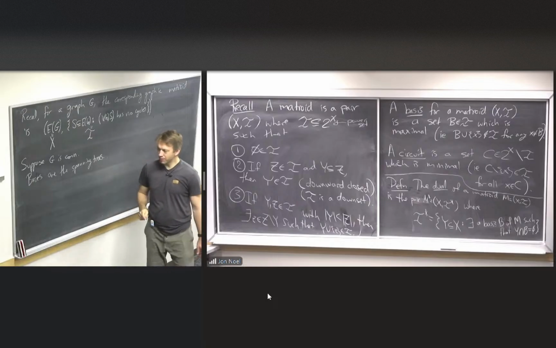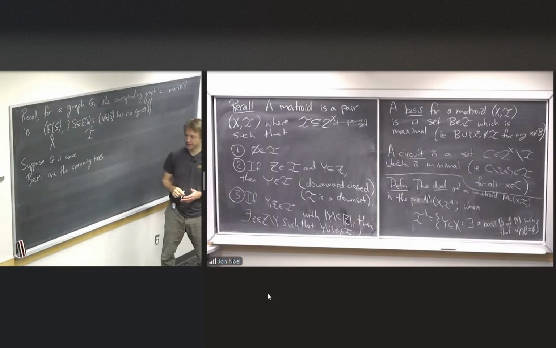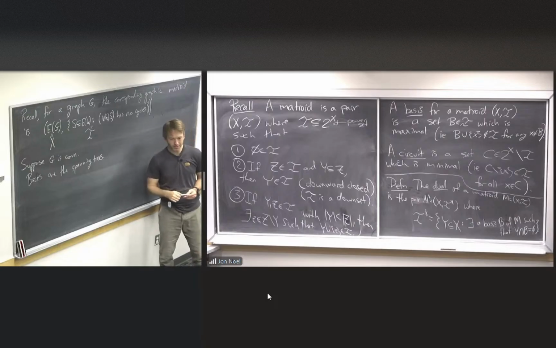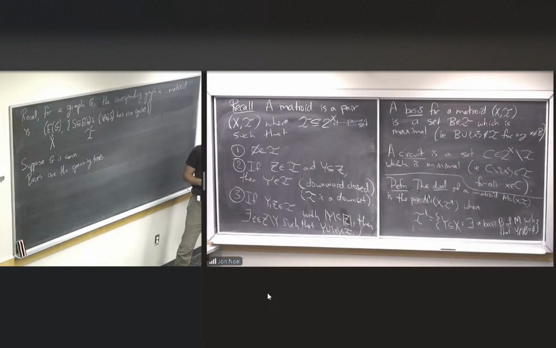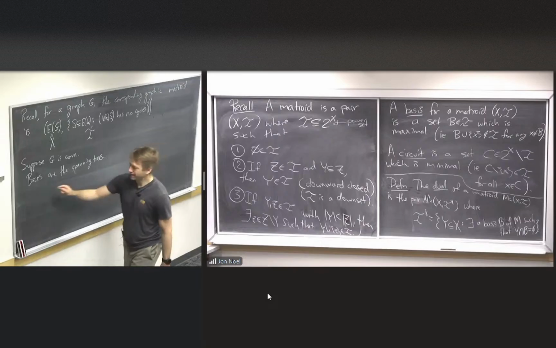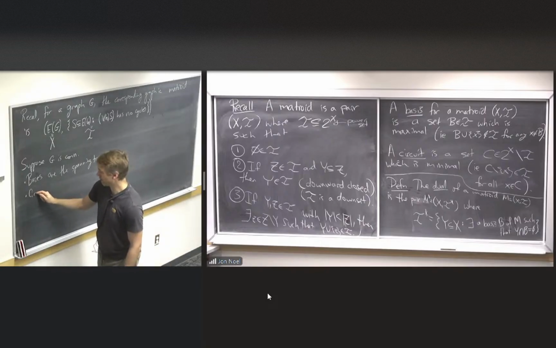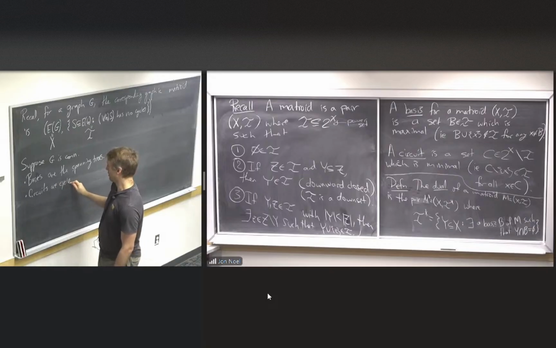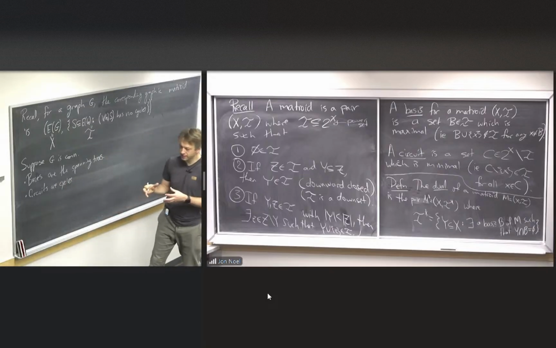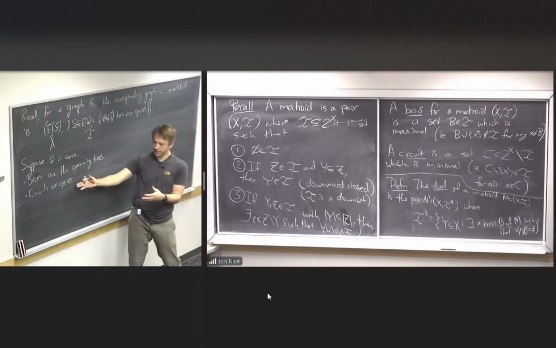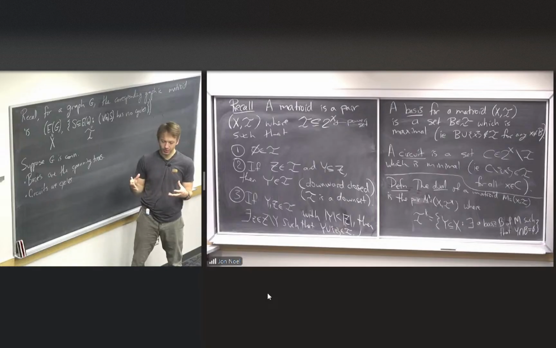Do we remember what the circuits were in this matroid? The minimal dependent sets? Yep, exactly. Circuits are cycles. Why is every cycle a circuit, for example? It's not independent because it has a cycle, right?